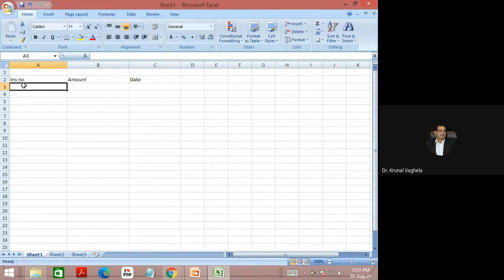For example, people are paying the loan in 5 installments. So installment number, for example, 1, 2, 3, 4, 5. Amount, for example, 1,000.